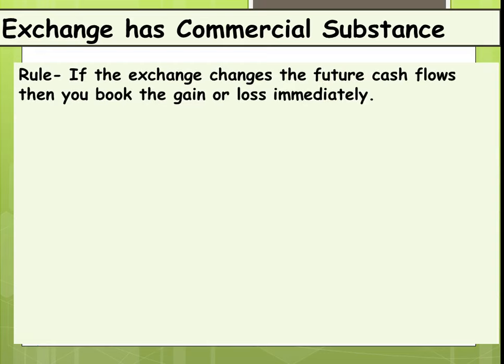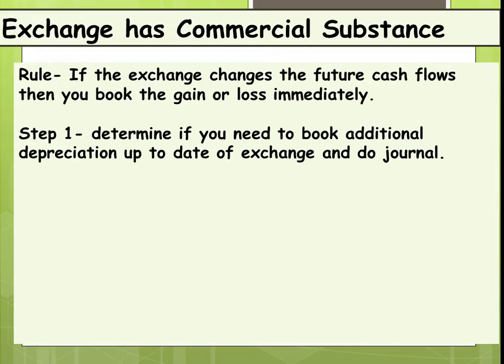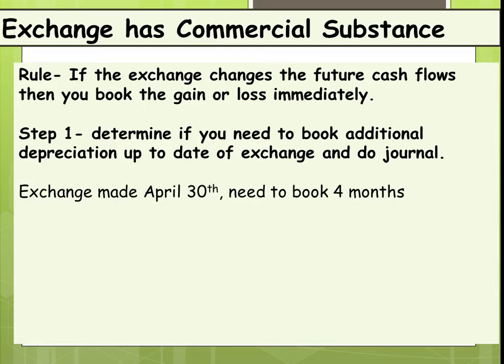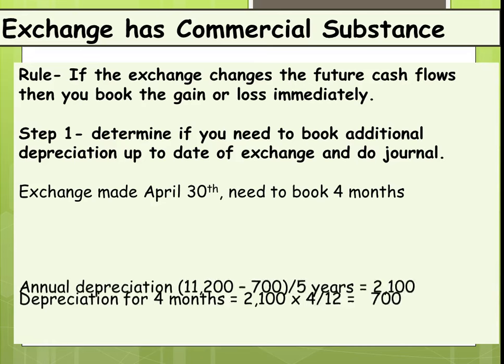Now, if the exchange changes the future cash flows, then you book the gain or loss immediately. In this example, since we did the exchange during the year, we have to make sure we update the depreciation. Since this exchange took place on April 30th, we need to book 4 months worth of depreciation expense.